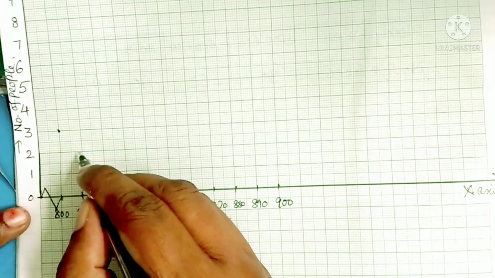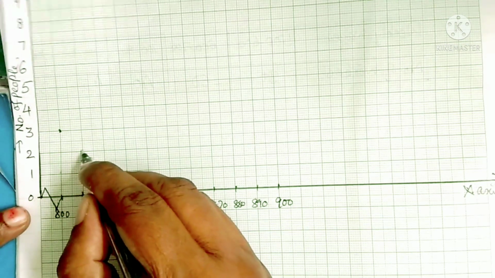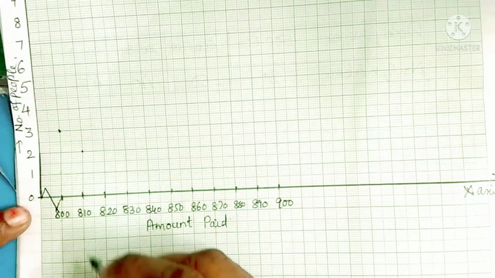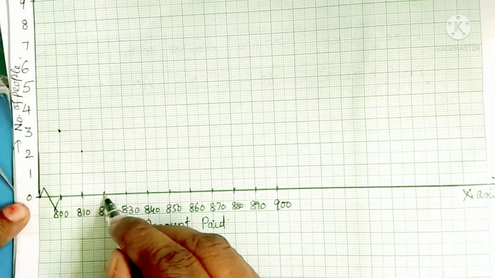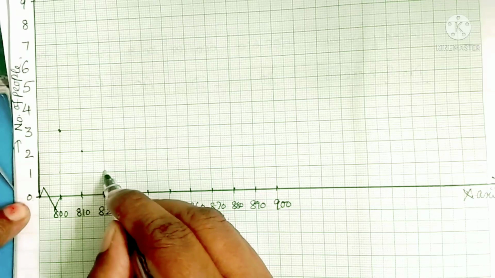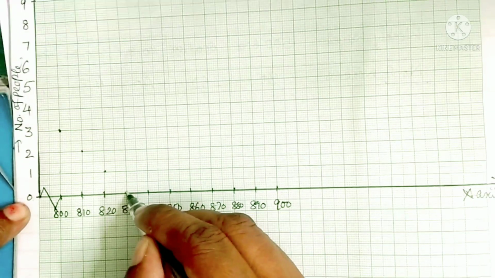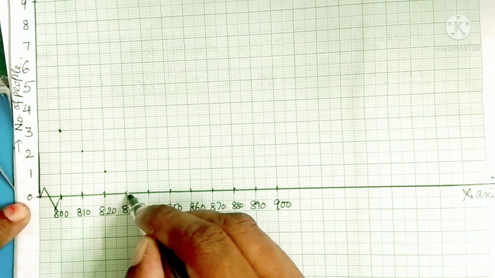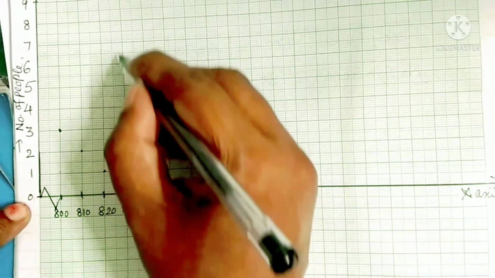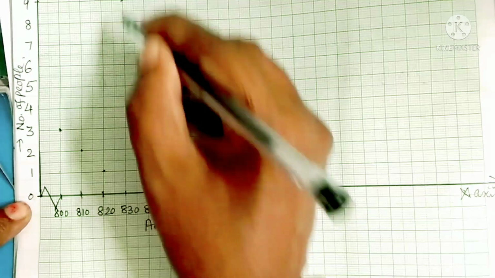It was 2. And the next one is 1. Next it is 9. 820 to 830, it is 9. So from here to go and show 9.